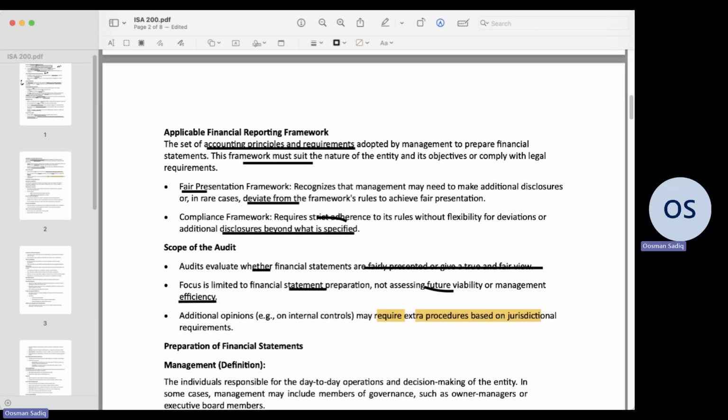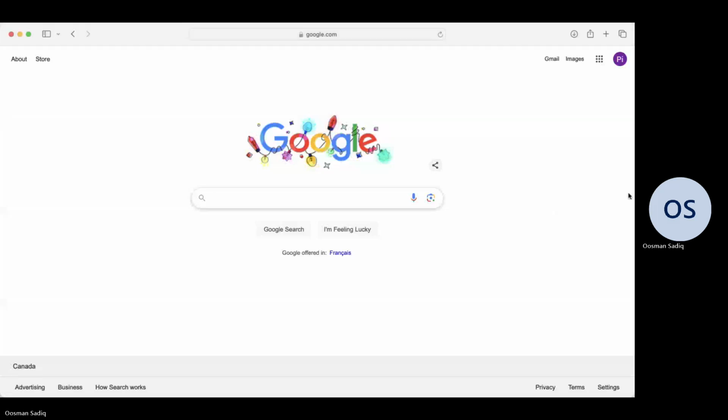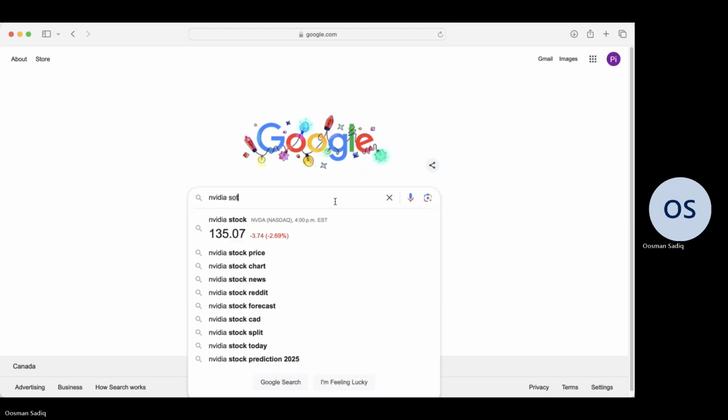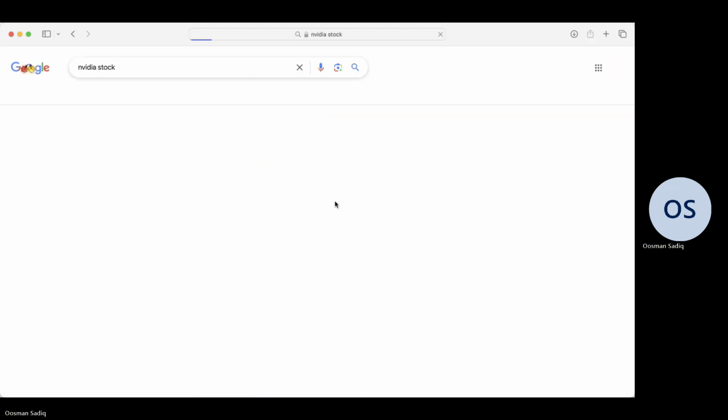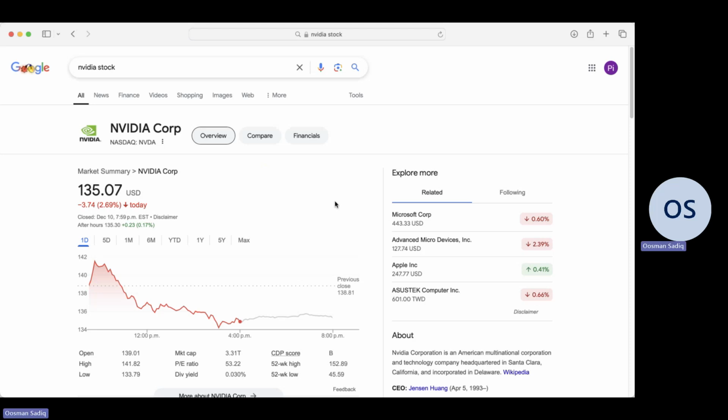Now let me show you the importance of an audit. I'm just going to quickly share the screen again, change the screen. Okay. Now, for example, let's go to Google and type in NVIDIA stock.